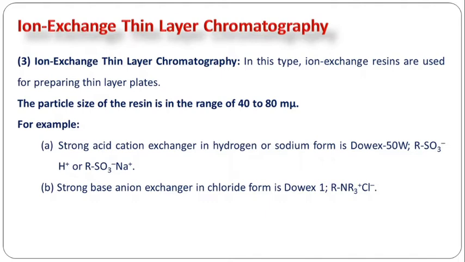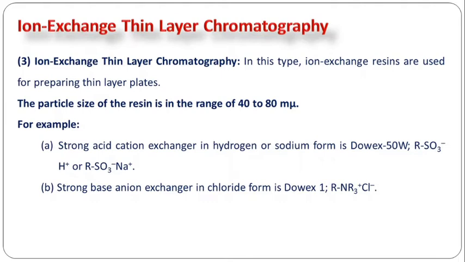This is again an adsorption type of chromatography. For a strong acid cation exchanger, the commercially available Dowex 50W contains a sulfonic acid functional group, or the sodium salt of sulfonic acid. It can be used for the exchange of cations from a solution which contains a mixture of ions to be separated.